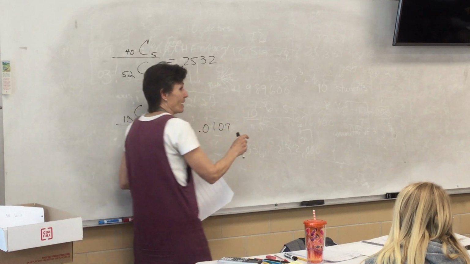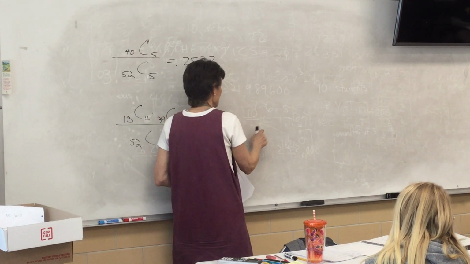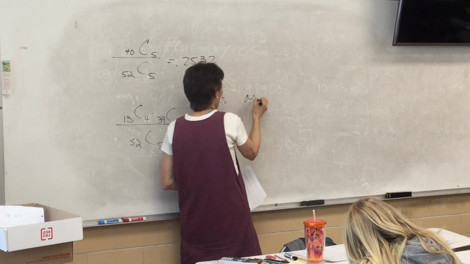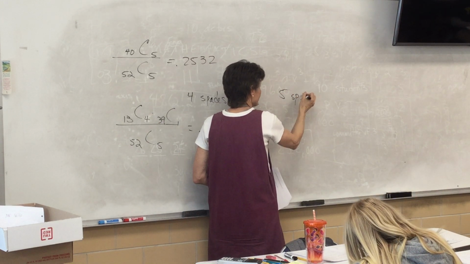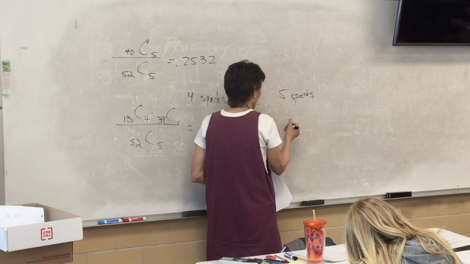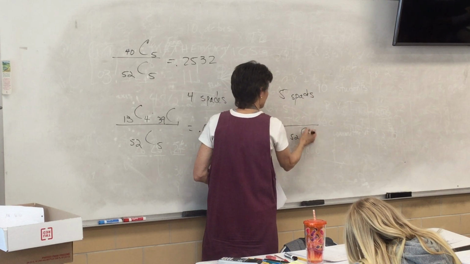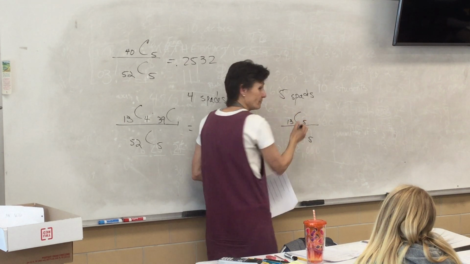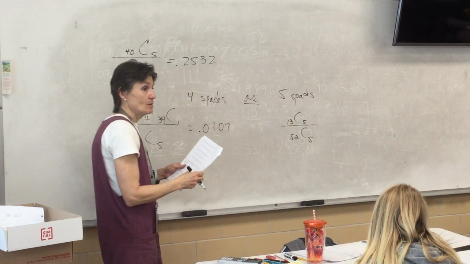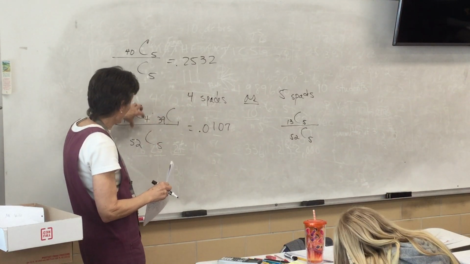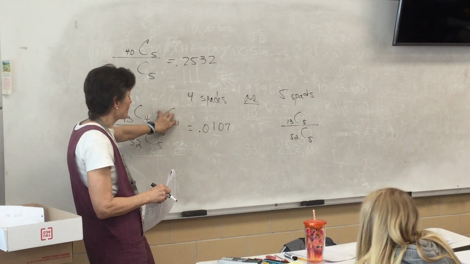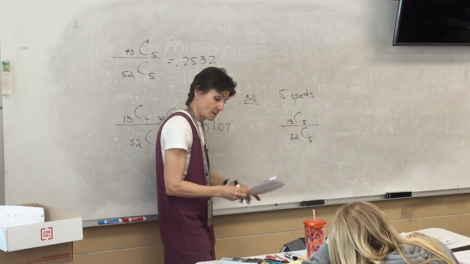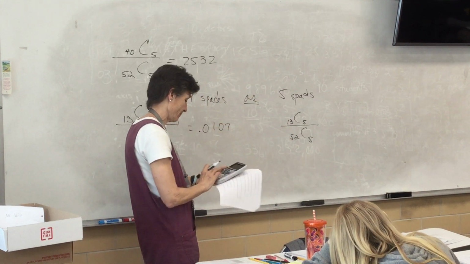But what else can you have? You can have 4 spades, or you can have 5 spades. And what will 5 spades look like? 13 C 5. So you can have 4 spades and something else, or you can have all 5 spades. Okay, so I can type that in.